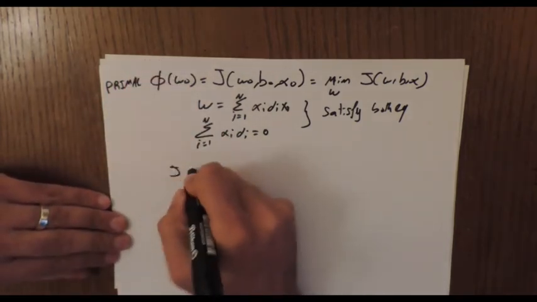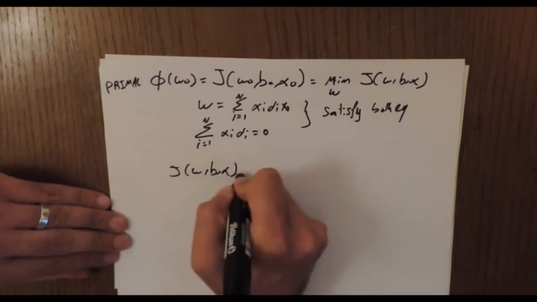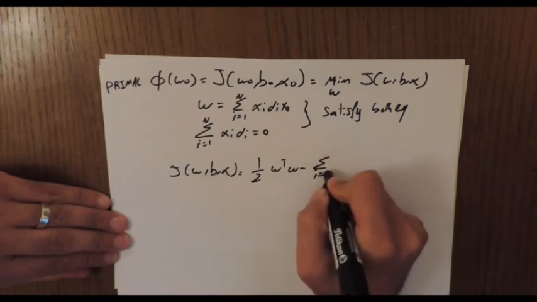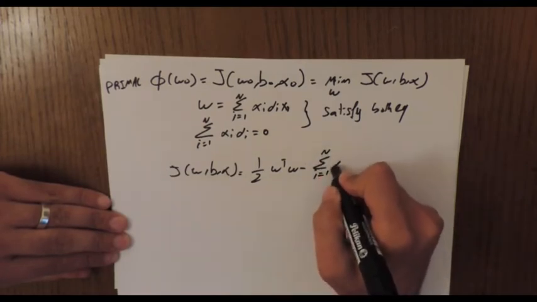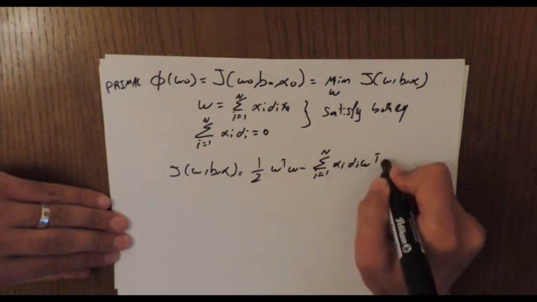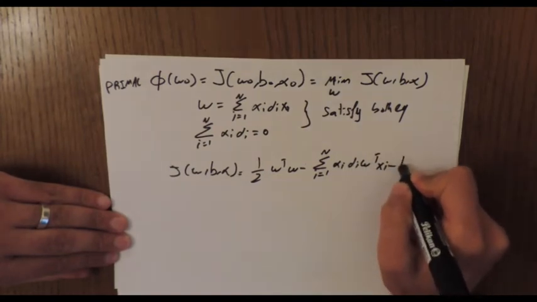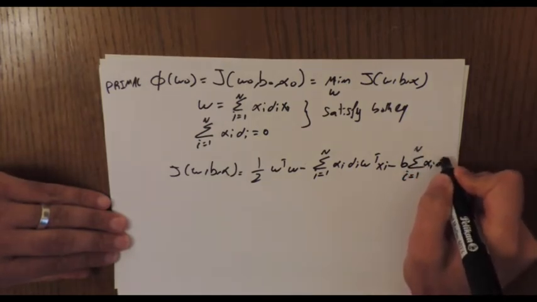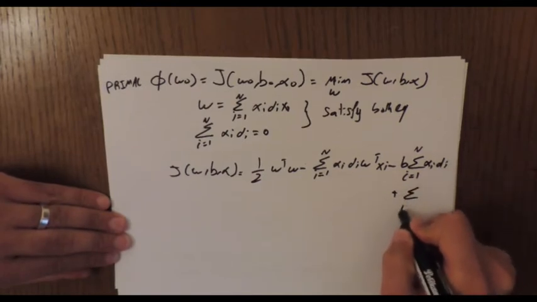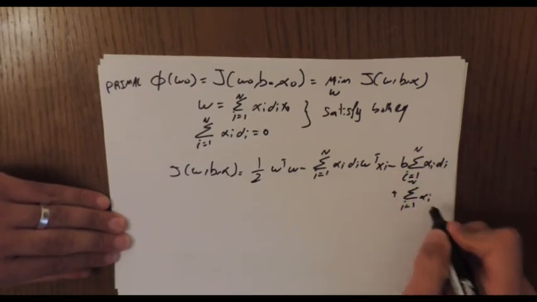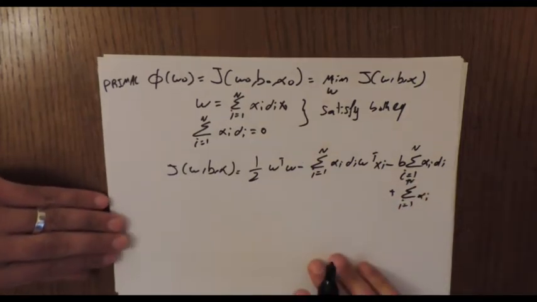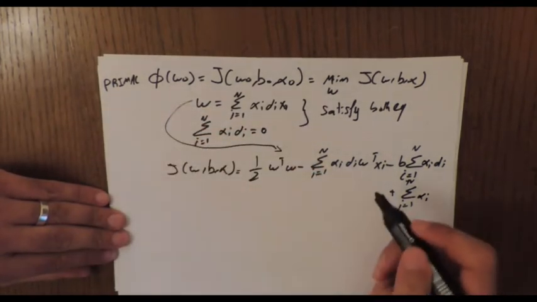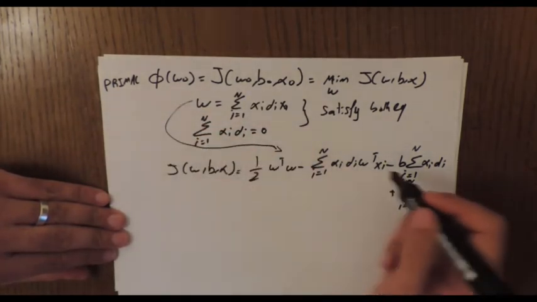So if I place J of W, B, and alpha, it's equal to, if I write it in the expanded form, the summation I equal 1 to N, alpha I di, plus summation I equal 1 to N, alpha I. What I did is I expanded the summation, so I can substitute now for W, and of course I can set alpha I di equals 0.